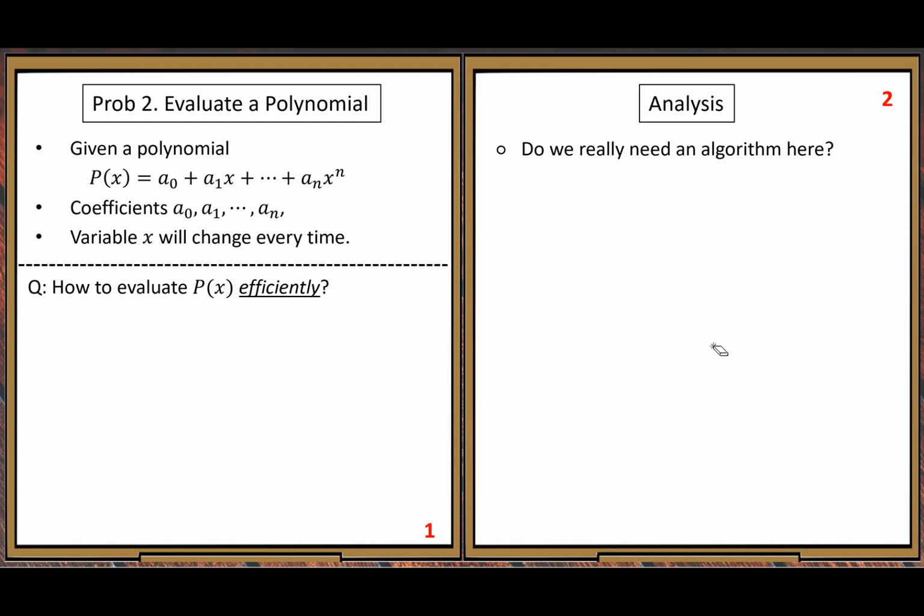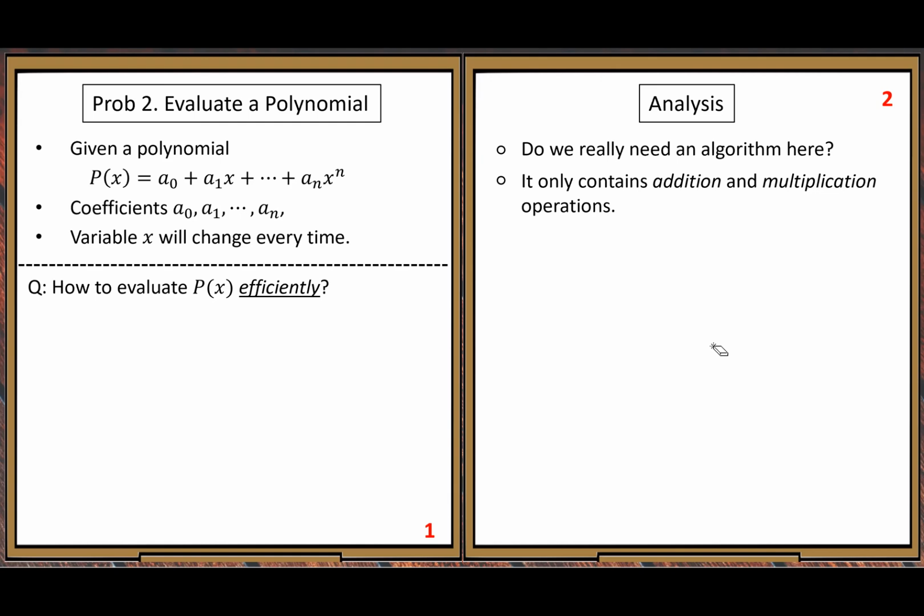Here I just temporarily refer to it as the ordinary way. Although we can treat that as an algorithm, why do we need another special algorithm? That's the question.